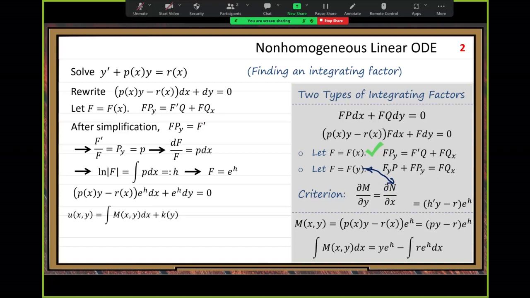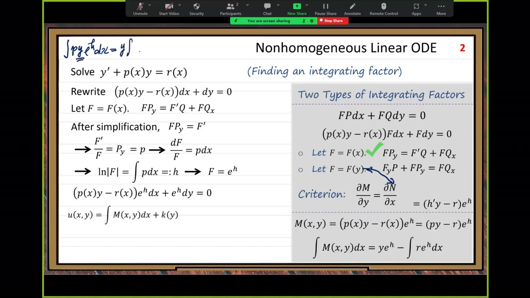We want to do the integral of P y e to the h dx. y we can take out, because it has nothing to do with x here.